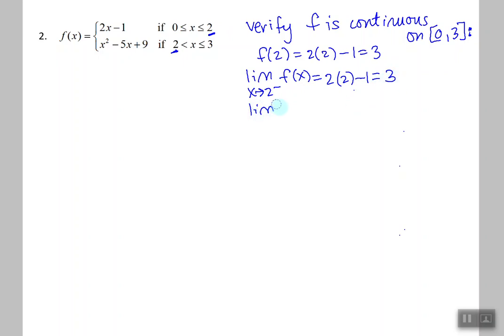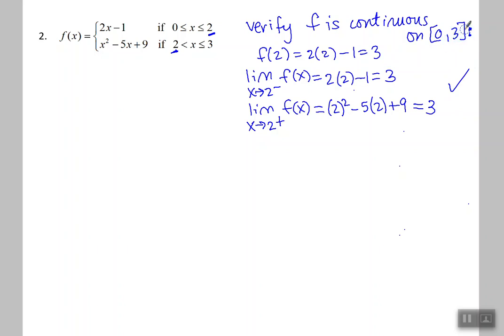And then the limit as x approaches 2 from the right, it's that one. So that's 2 squared minus 5 times 2 plus 9, and that's going to also be 3. So our limit from the left equals our limit from the right, which equals our function value to begin with. So yes, this is a continuous function on the closed interval 0 to 3.